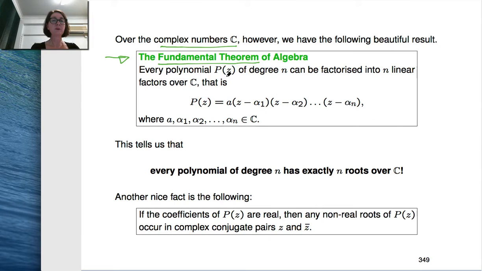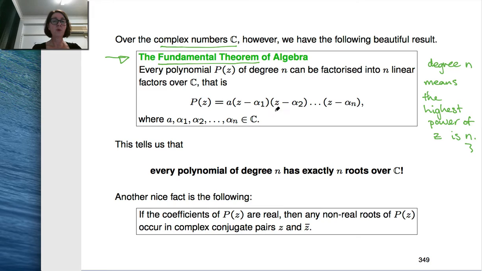So if you have a polynomial where the variables are complex numbers and the polynomial has degree n, and what we mean by degree n means that the highest power of z in that polynomial is n, then this can be factorised into n linear factors that look like this.